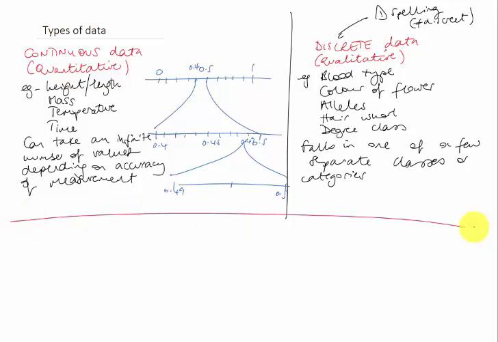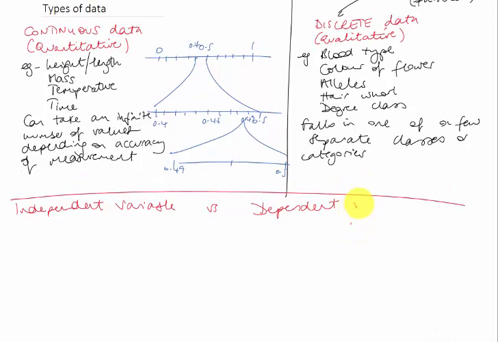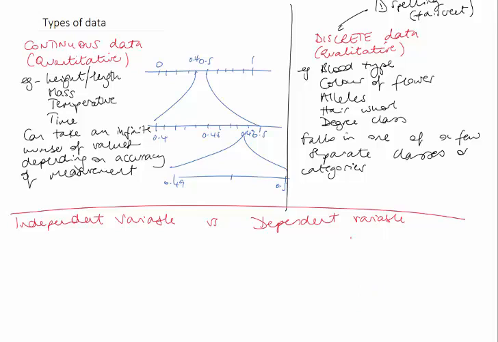And then the other thing I want to talk about is an independent variable versus a dependent variable. So the independent variable would normally be the one we control.